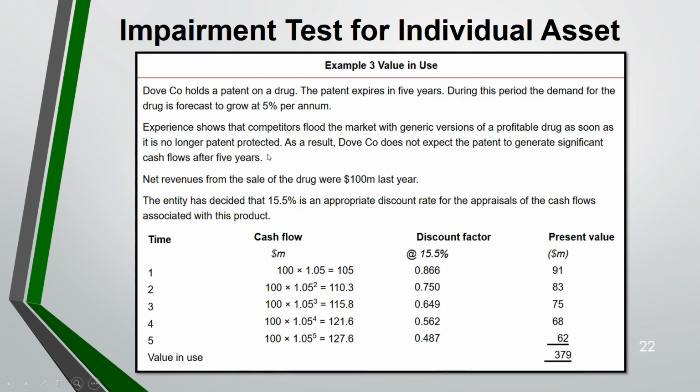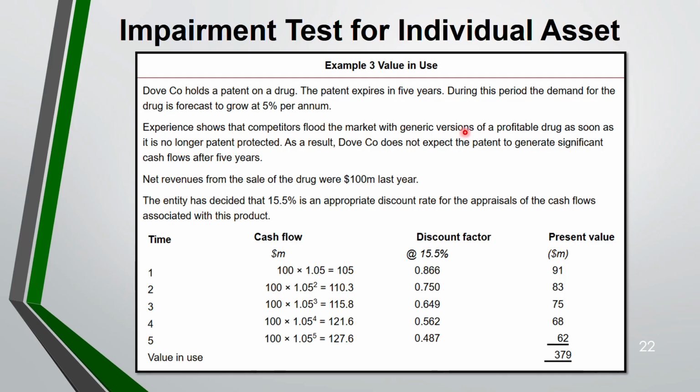Now example 3, value in use. Okay, so it's about Dove holding a patent on a drug. Patent expires in 5 years. They are expecting the demand will grow at 5%. Now experience shows that competitors flood the market with generic versions and the patent is no longer protected. What does it mean? Impairment has taken place.